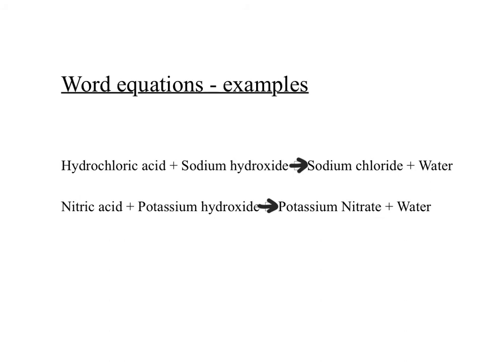So what I really want you to, I guess, get your head around, and what I want you to take away from this is the salt that is formed is made up of the different elements in the acid and the base. So I'll talk to you a little bit about that now. In the first example, we mix together hydrochloric acid and sodium hydroxide.